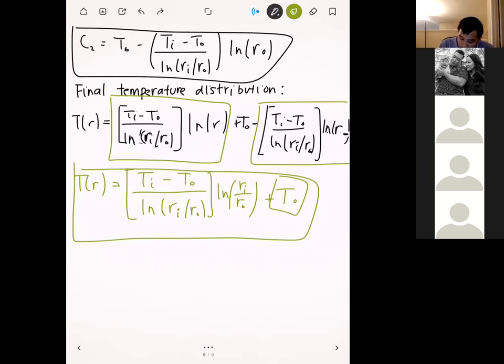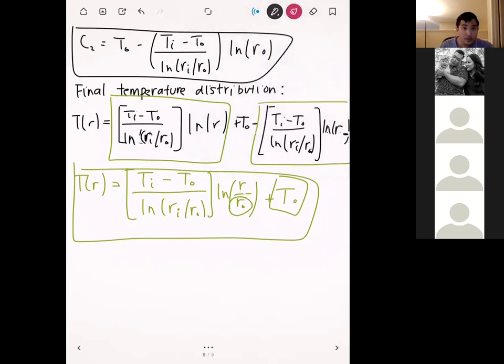Oops, this should not be Ri, this should be R. I think this right here will be Ri. So in the end, it all ends up being the same thing. It might take some algebra to get it, but you can get both of them to look basically the same as each other.